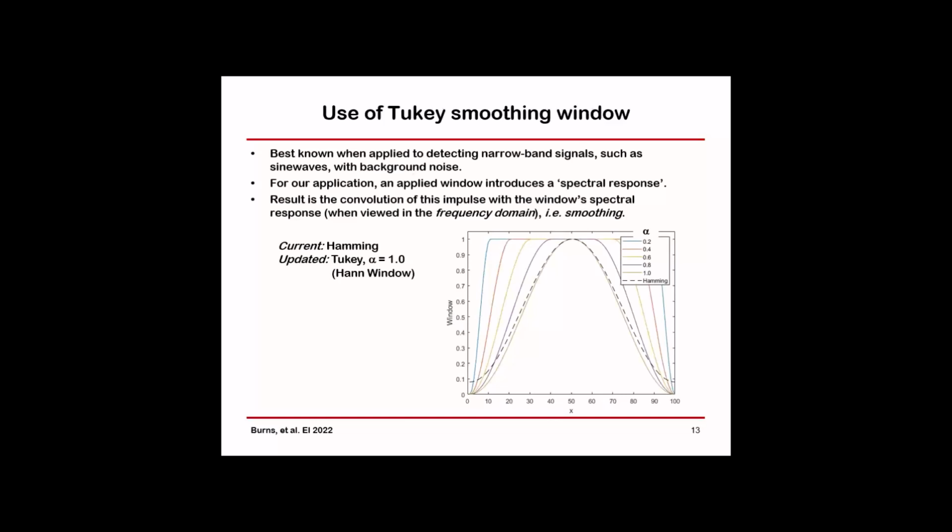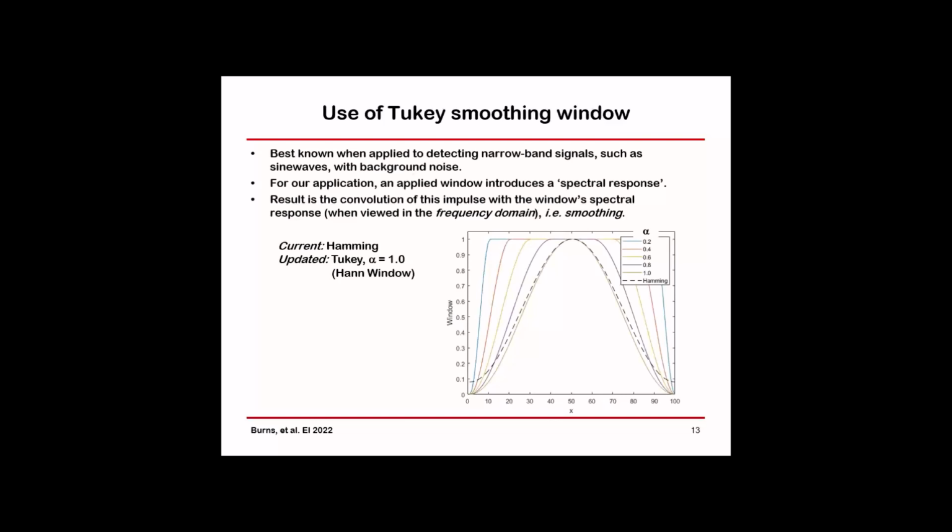Another change is the use of a Tukey smoothing window. This turned out, although it was adopted, to have a small effect in most cases, at least for our application. So let's back up. The use of windows is fairly well known, but best known when it's applied for detecting, for example, narrowband signals such as sine waves in a background noise.